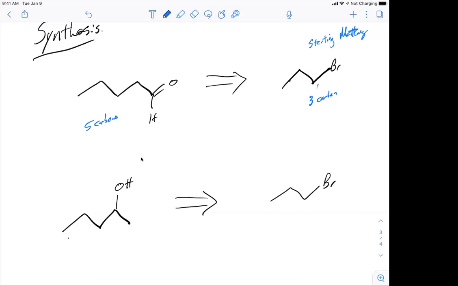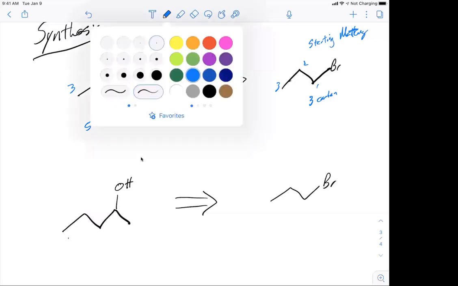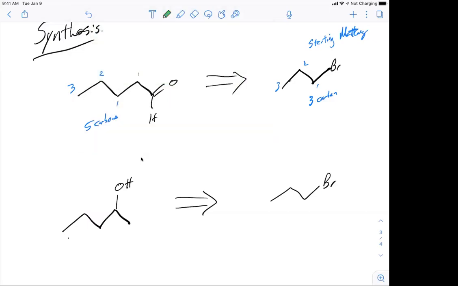But if I look at 1, 2, 3, that means I'm adding these 2 carbons, 1 and 2, to get the 5. Now, the hint is that I'm making carbon-carbon bonds. And with the bromide here, I don't have a triple bond, right? So I have 2 ways to do this.